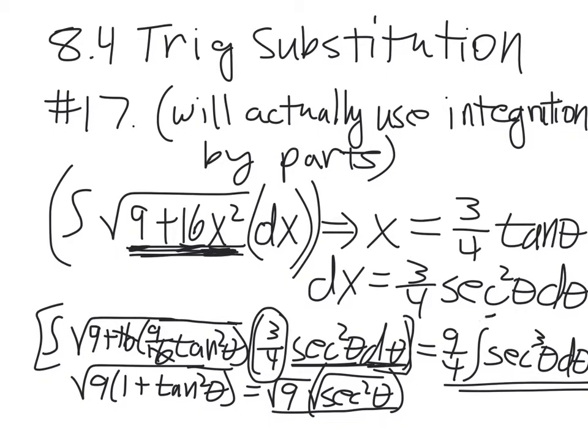Now, this is where we're going to shift gears a little bit and look just at this secant cubed theta. Then we'll kind of get it back into this particular problem. But we'll take a look at it in terms of secant cubed x dx, and then we'll come back and plug it back into the theta stuff and go back to problem 17.